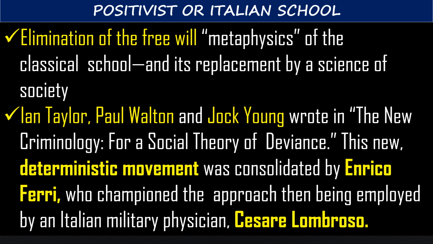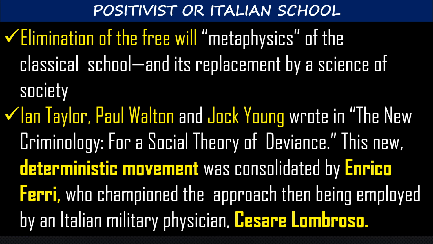Ian Taylor, Paul Walton, and Jack Young wrote in The New Criminology for a social theory of deviance. They mention the deterministic movement, which was consolidated by Enrico Ferri, who championed the approach then being employed by an Italian military physician, Cesare Lombroso. Ferri was a student of Lombroso, the military physician who conducted observation of the skulls and physical features of criminals as compared to non-criminals.